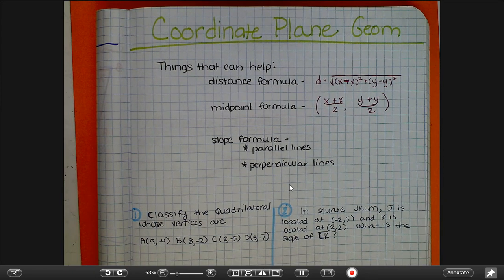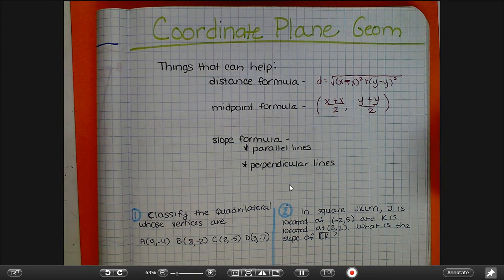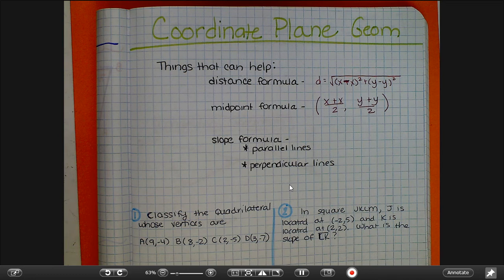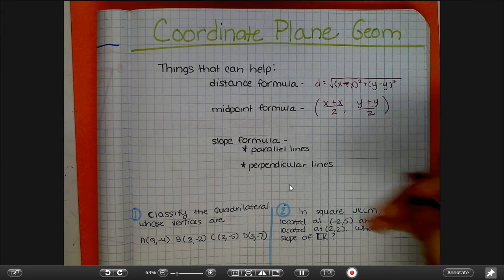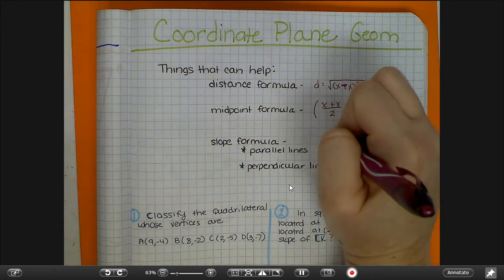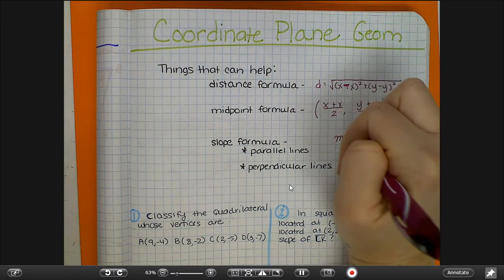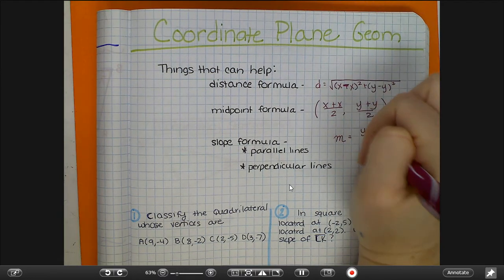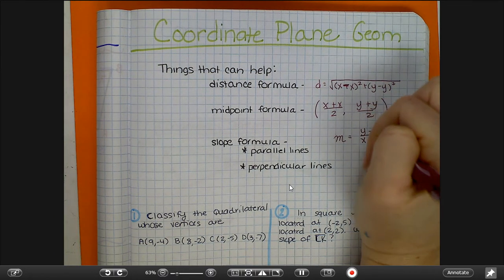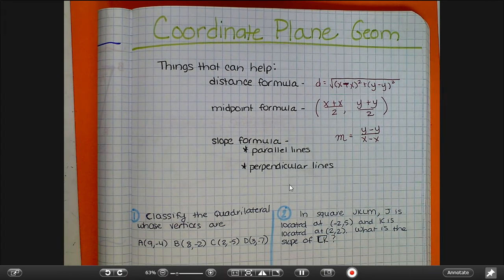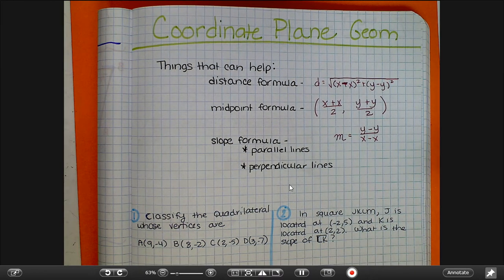For the slope formula, you're going to use the slope formula to decide if lines are parallel and perpendicular. So just to review, the slope formula is m, remember that stands for slope, equals y minus y over x minus x. Be consistent. So if you use the first y first, then you need to use the first x first.